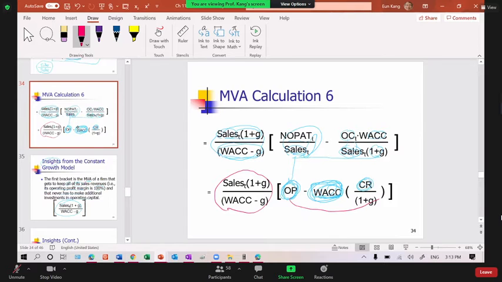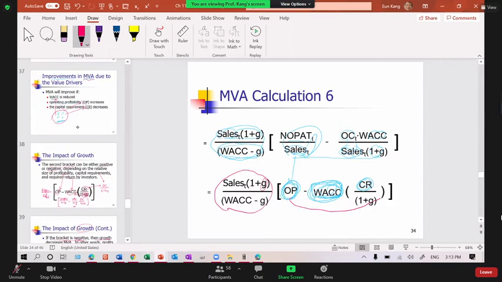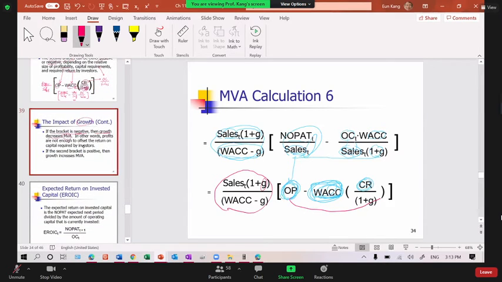So if the bracket is negative, then MVA is negative. Bigger G means what? Sales big and WACC minus G even more positive. Then positive times negative is negative, right? So more negative. So that is the problem.